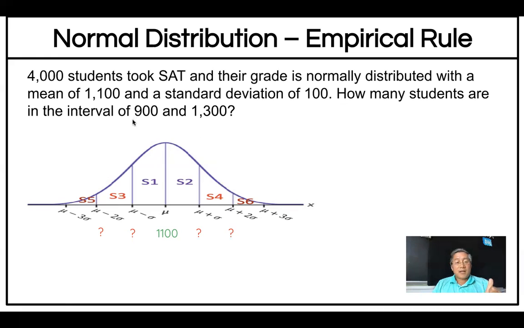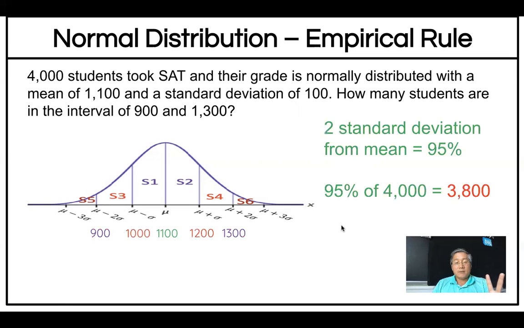Then between 900 and 1,300 is how many standard deviations? 2 standard deviations, right? So we know that by the empirical rule, how many percent for the 2 standard deviation range? 95%. 95% of the students are in the range of 2 standard deviations.